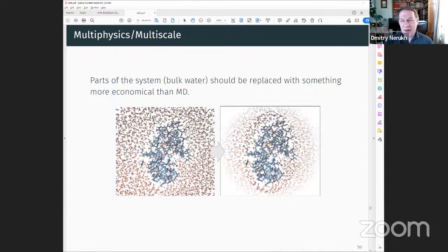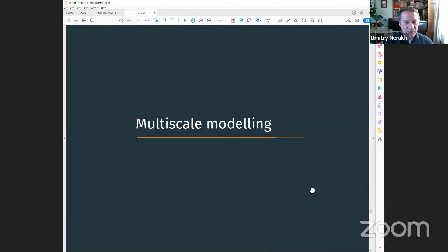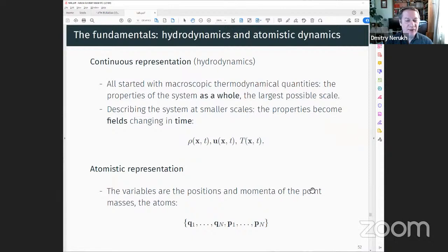So to make the model more intelligent, more knowledgeable, what can be done? All these water molecules, which we don't actually need, can be replaced with something more economical, and that is hydrodynamics.